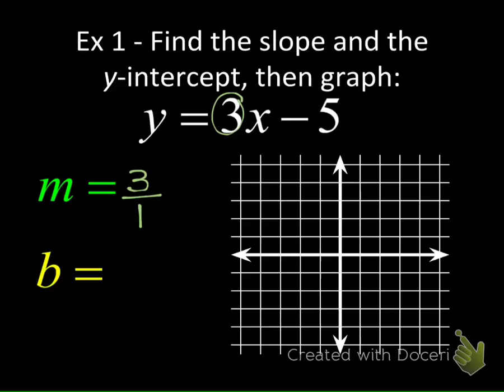Why can't they use variables that start with what it starts with? Don't know. So when you see the variable b, it's looking for the y-intercept. According to our notes, y-intercept is the number that's by itself. What number is by itself here? What type of 5 is that? So what's my y-intercept? Negative 5.